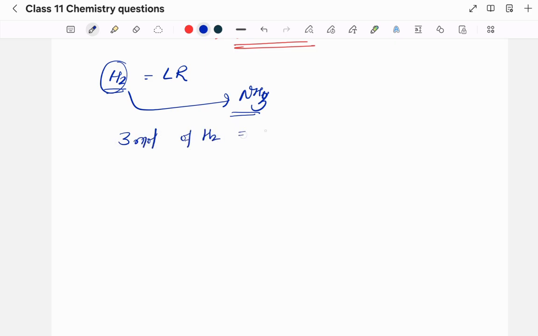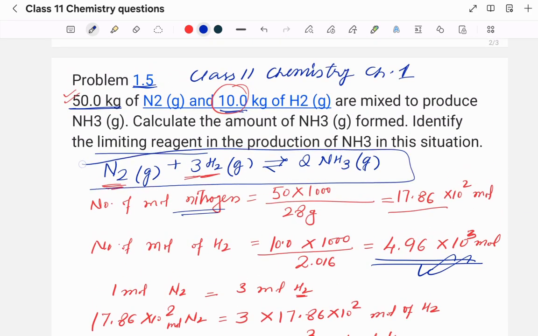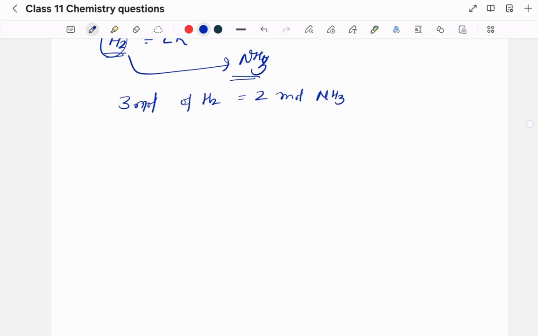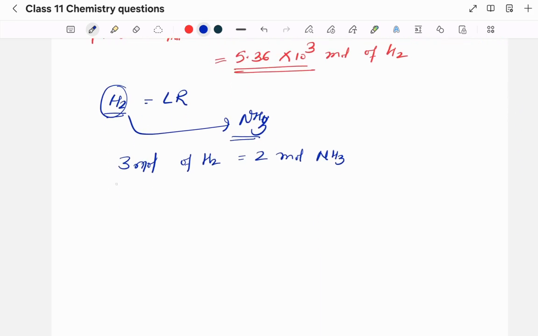According to the reaction, 3 moles of hydrogen produce how many moles of ammonia? 2 moles of ammonia. This has been given in the balanced chemical equation, so we have taken this relationship from there. You have been given 4.96 into 10 to the power 3 moles of hydrogen in the question.